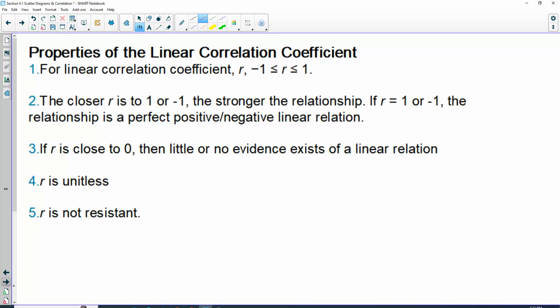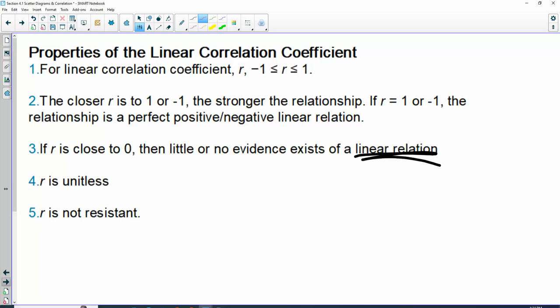So the closer you are to positive or negative 1, the stronger the relationship. Positive increasing, negative decreasing. If it's close to 0, there is no linear relation. It doesn't mean there's no relationship at all, just that it's not linear. We don't have units on this.